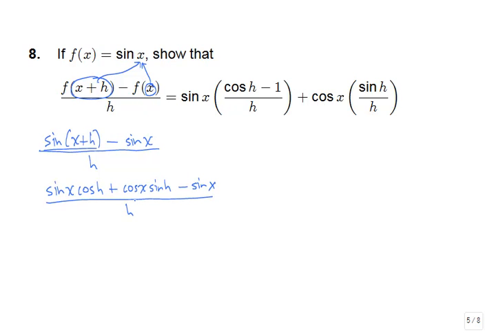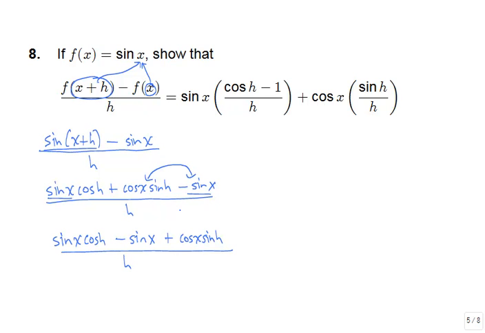Then I'm going to regroup these a little bit. I'm going to just flip-flop these two terms around so that I can get this sine x term next to this sine x term. So this would become sine of x cosine h. And then I'm going to put the minus sine of x in the middle, and I'm going to put the cosine x sine h on the end.